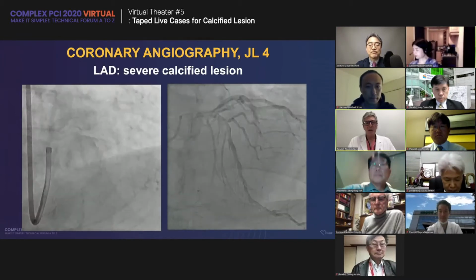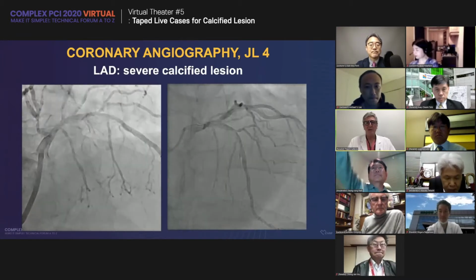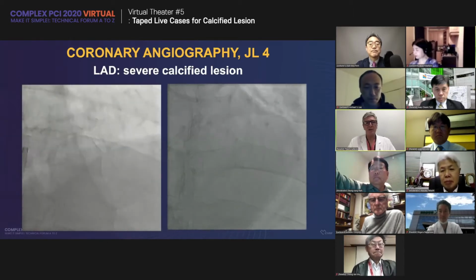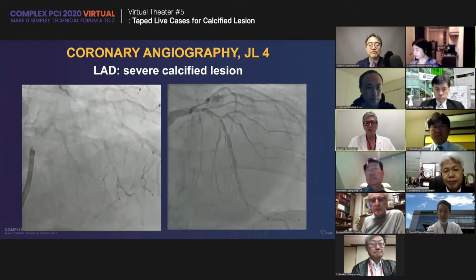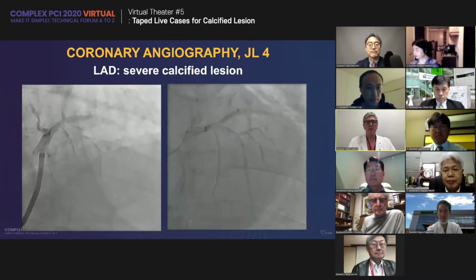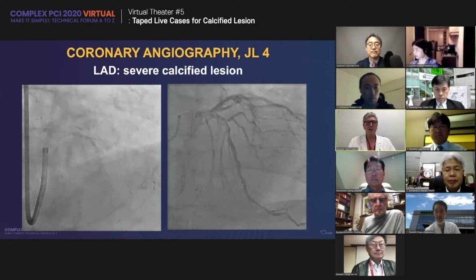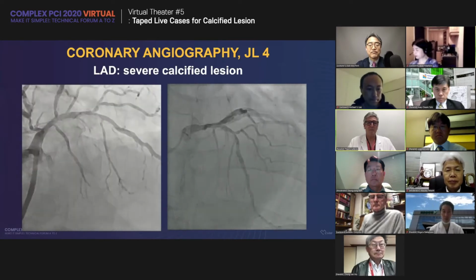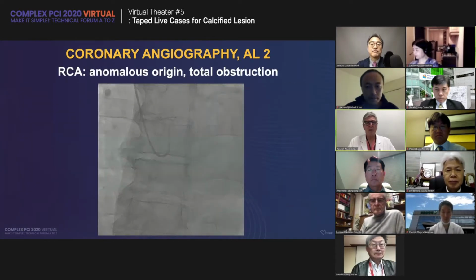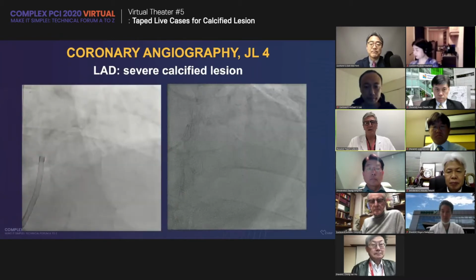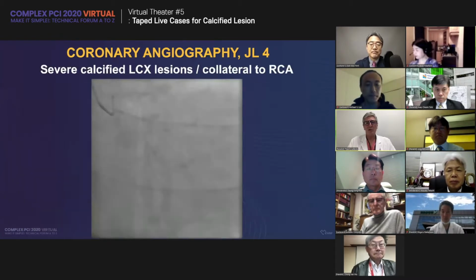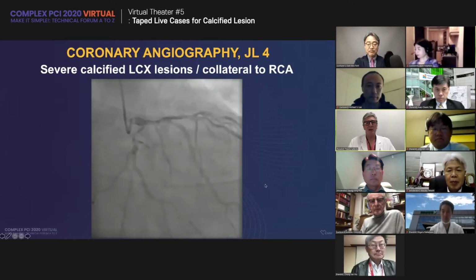If we have to do PCI, I think the right is an important vessel in this case. Not easy to treat, but if you find a good catheter to have a good approach, you can treat this very severe lesion. Then for the left main LAD, I think we can treat with 2 stents because the circ is also diseased. And of course, one very important thing is vessel preparation in this case, because it's highly calcified.